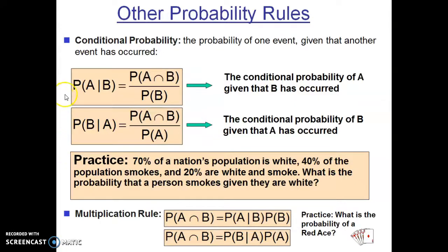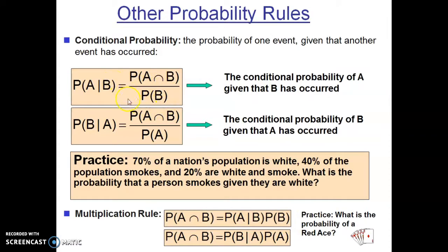From this, we can actually develop what's called the multiplication rule. That is, we can derive the probability of the intersection of events A and B if we know the probability of A given B and the probability of B. This is just a reconfiguration of this formula here, right?